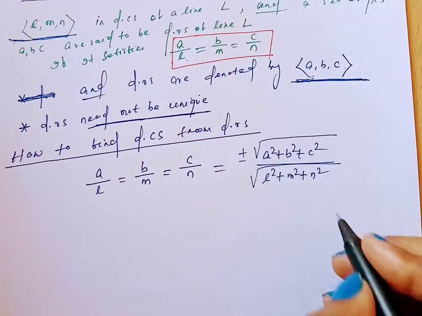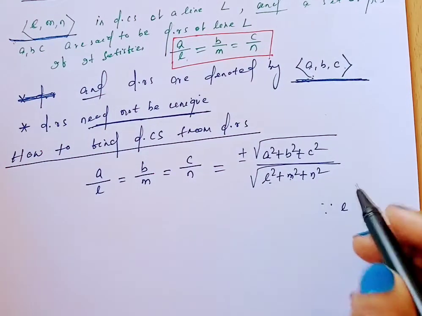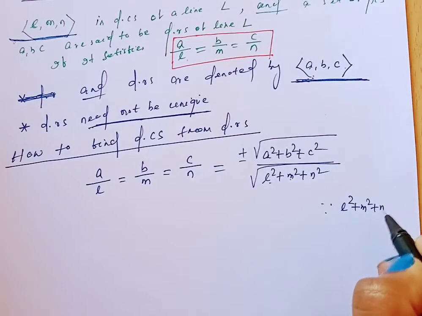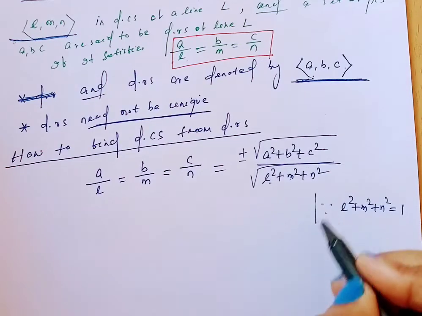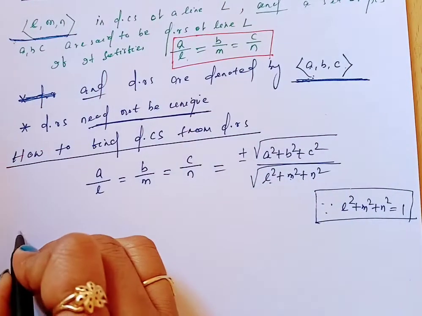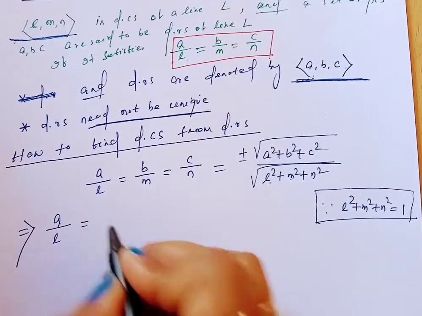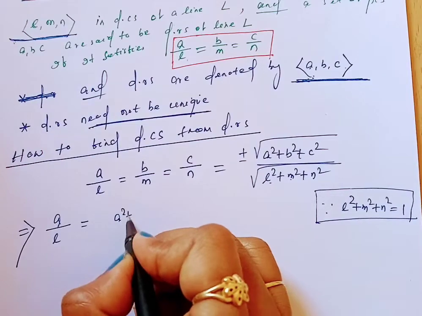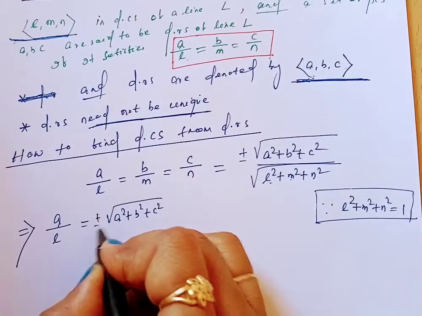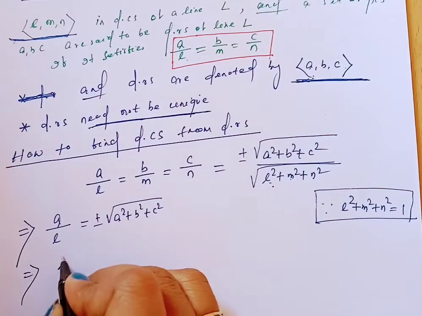Since l, m, n are direction cosines, they satisfy the property l square plus m square plus n square equal to 1. I just apply this property here. Since this is 1, what is l?